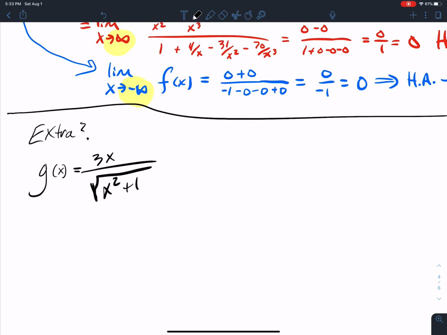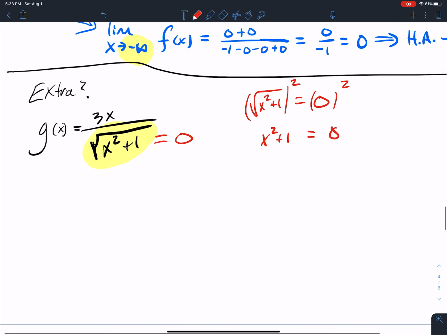That's no bueno. All right, now vertical asymptotes. I want to set the denominator equal to 0. Set the denominator equal to 0. Well, guess what? Square root x squared plus 1 equal to 0. If I square both sides, I get x squared plus 1 equals 0 squared, which is 0.